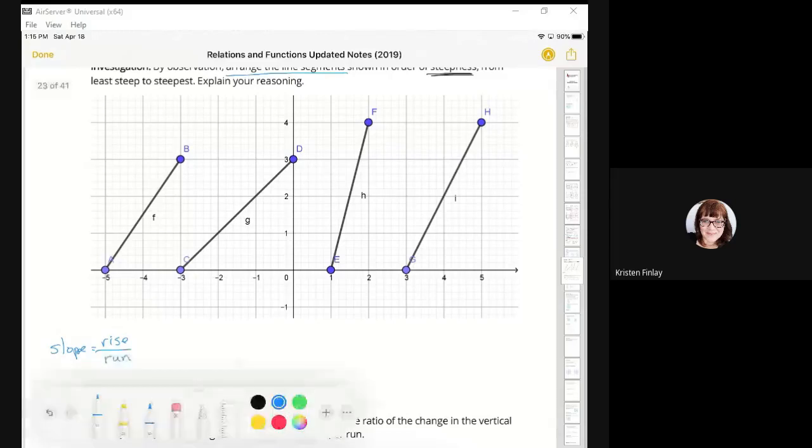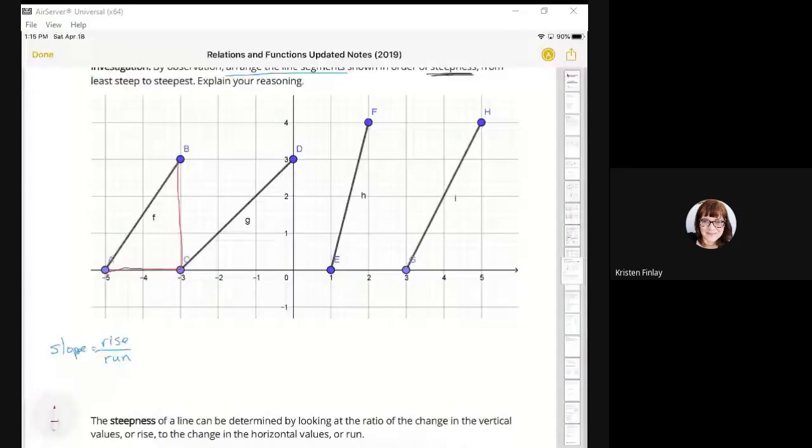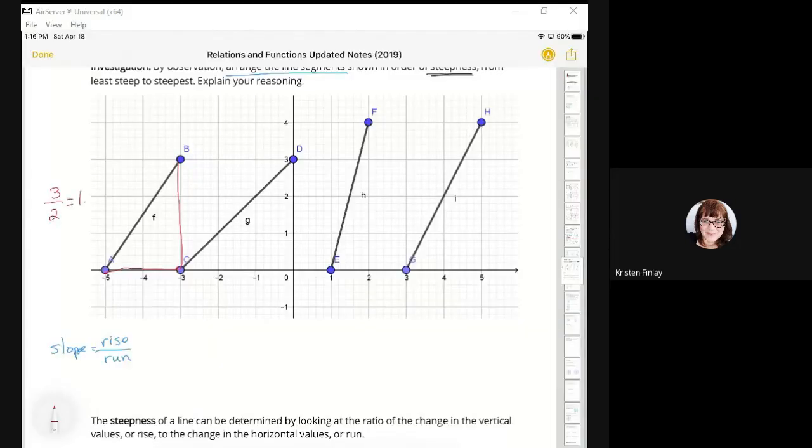Looking at the first line, the rise is 3 and the run is 2. So it goes up 3 for every 2 units it goes over. So its slope would be 3 over 2, which would be 1.5.